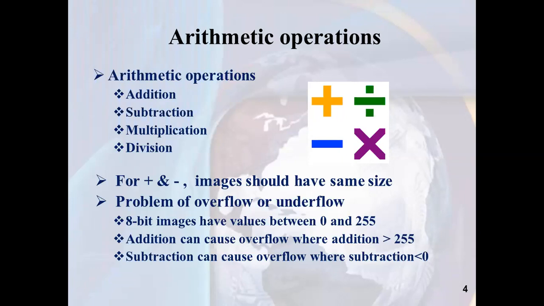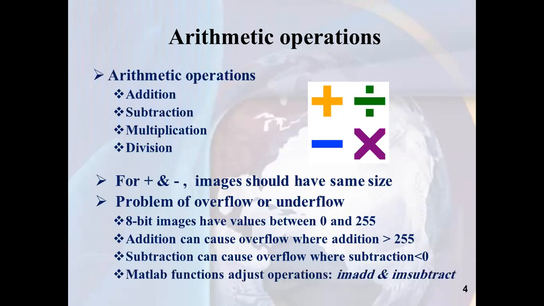So to solve this problem, we apply the MATLAB functions to adjust these operations, which are imadd and imsubtract. In imadd, if the summation is greater than 255, the number will be set to 255. And in imsubtract, if the subtraction of two numbers is less than 0, the value will be set to 0 as a black color.